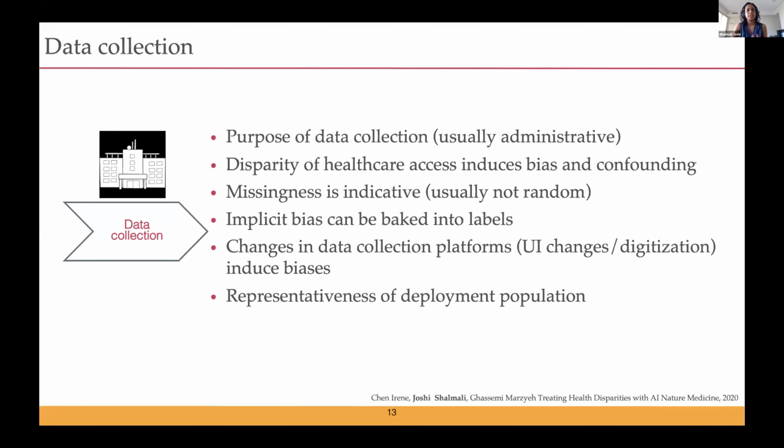Even missingness, as I said, can be indicative. Maybe a person just cannot afford to make it all the way to the hospital. Maybe they do it much less often because the hospital is far away. And so missingness is indicative and is generally not random.